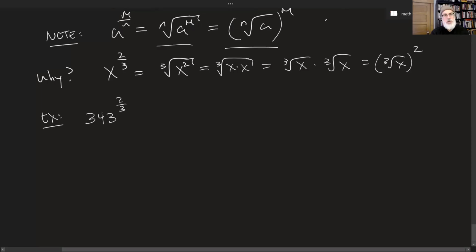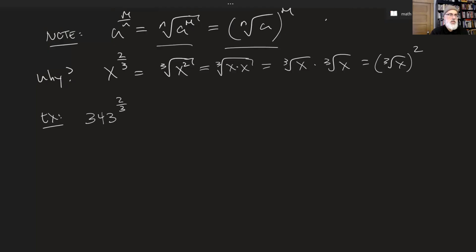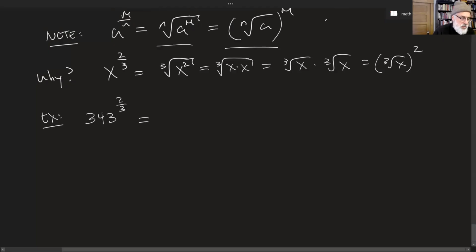Is this a number that we could evaluate just off the top of my head? Looking at it, it's like, this is not pretty. Well, let's apply the rule. We know this is the cube root of 343 squared. Now, I don't want to square 343. That's 343 times 343. But I know I can write it this way. It's a cube root of 343 squared.